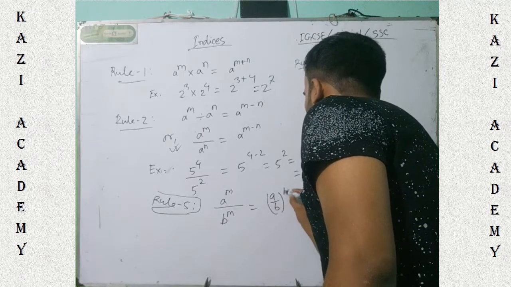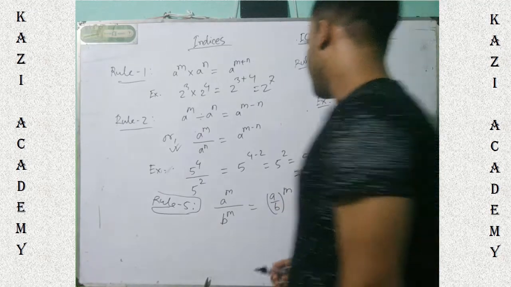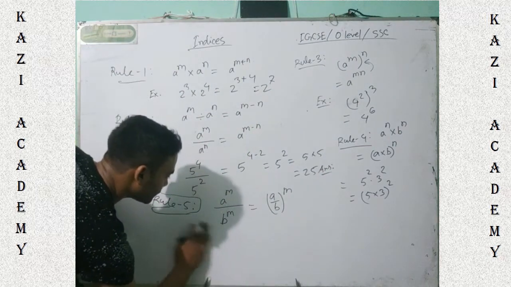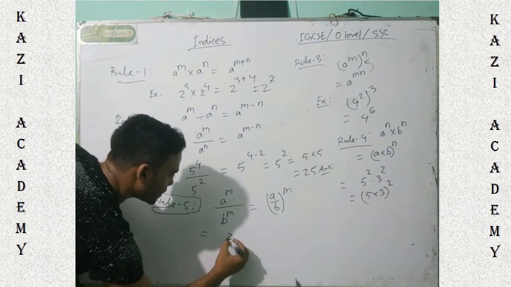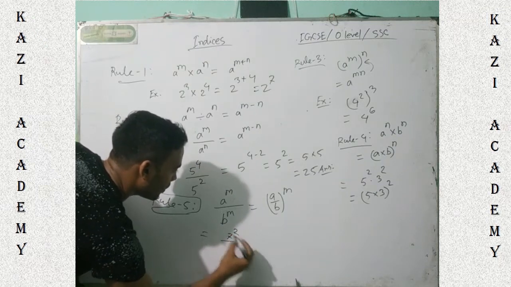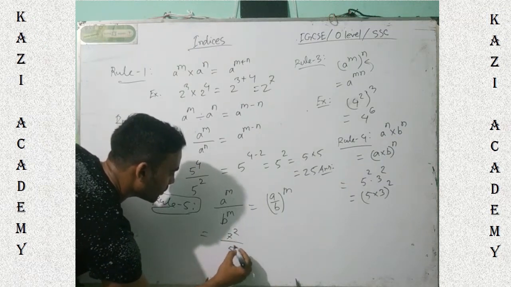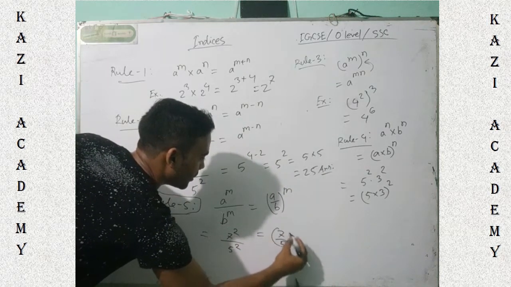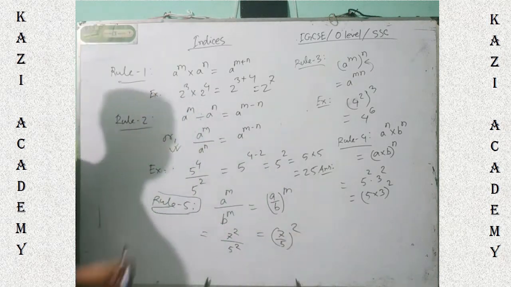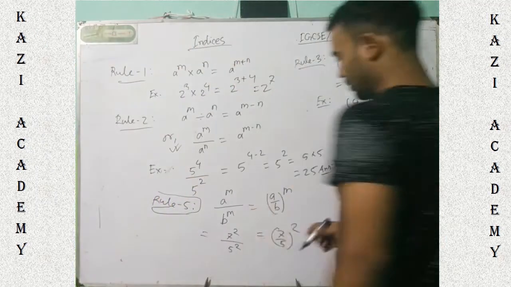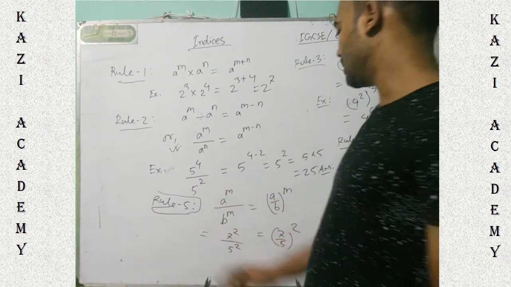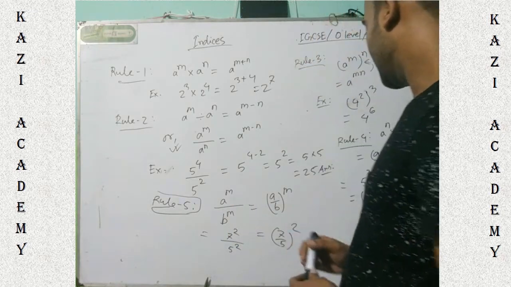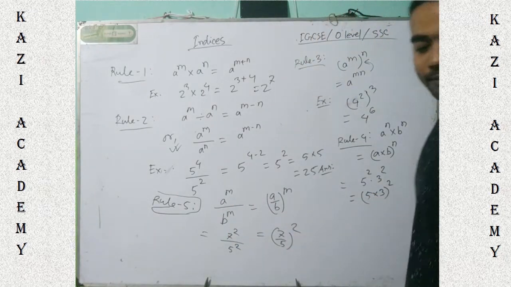Then we can write a by b to the power n. For example, if we write 7 to the power 2 and also 5 to the power 2, then we can write 7 by 5 to the power 2. So with a common power here, if it is in division form, then we can write like this.